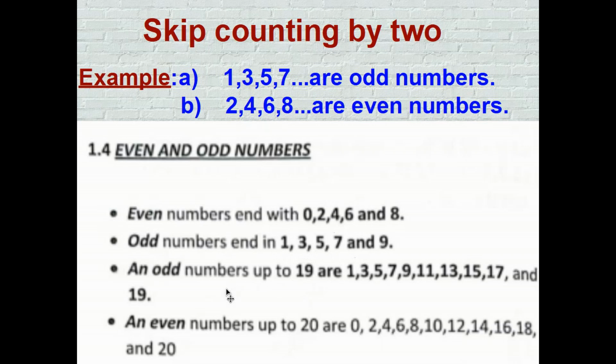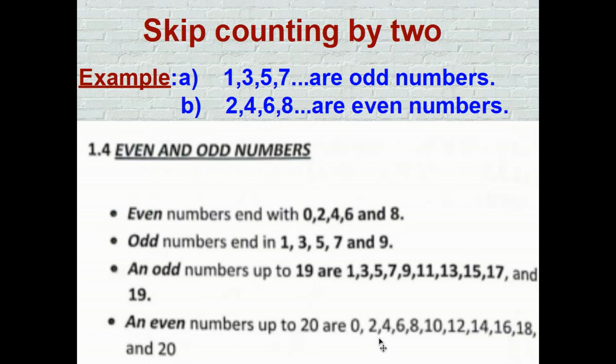Let's see it in detail. When we say even numbers up to 20, here you have even numbers up to 20, and as you can see, all are divisible by 2. 0, 2, 4, 6, 8, 10, 12, 14, 16, 18, 20. There is a difference of 2 in each consecutive 2 numbers.